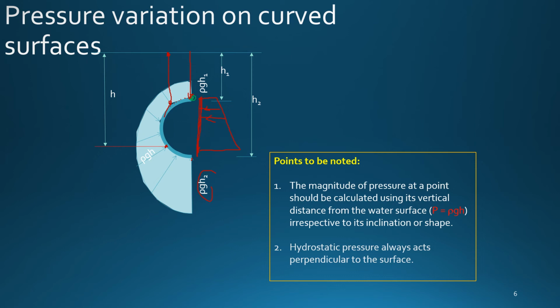Because the surface is curved, the pressure distribution diagram is also curved. Why? Because at every point the applied pressure has to be perpendicular to that surface. So this has to be perpendicular at this point, and at that point, and here, and that's the reason it also has a different curvilinear shape.